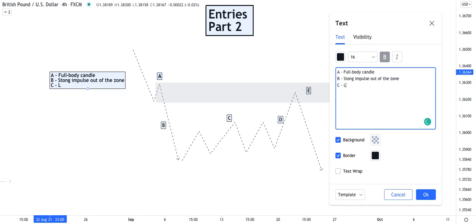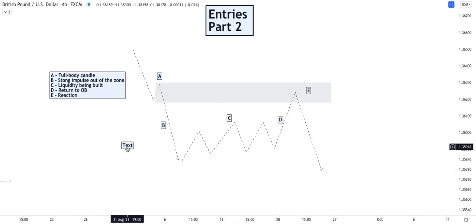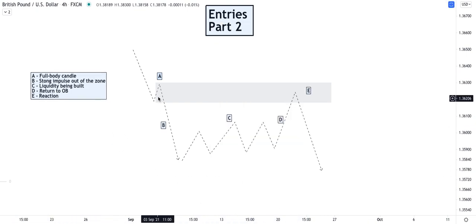C, liquidity being built actually. D, return to order block, and E will be reaction. That is the things that I need to see. So we need to see a strong impulse out of this zone.